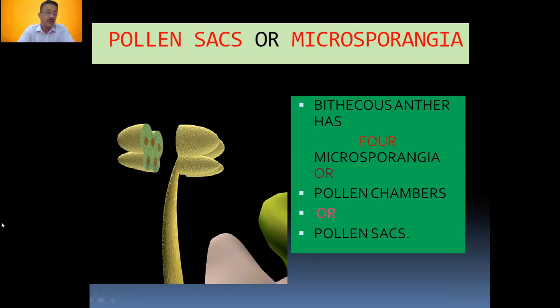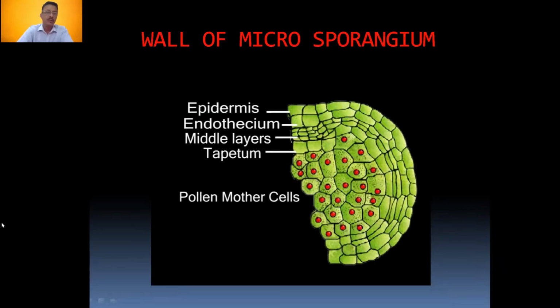Inside each pocket there are two sub pockets. So in one anther there are four sub pockets, which we call pollen sacs or microsporangia. The wall of the microsporangium, from external to internal, consists of epidermis, endothecium, middle layers, and tapetum.